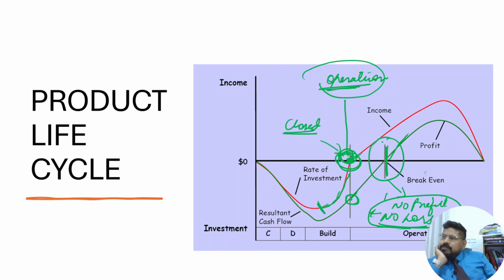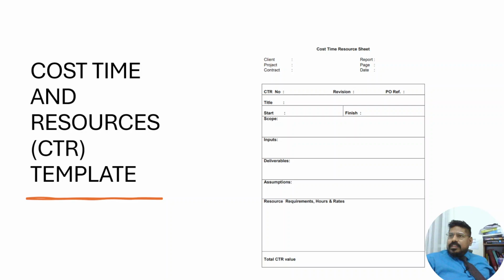After this phase, the factory will start making profits. So this is the resultant cash flow graph. I hope it is clear.